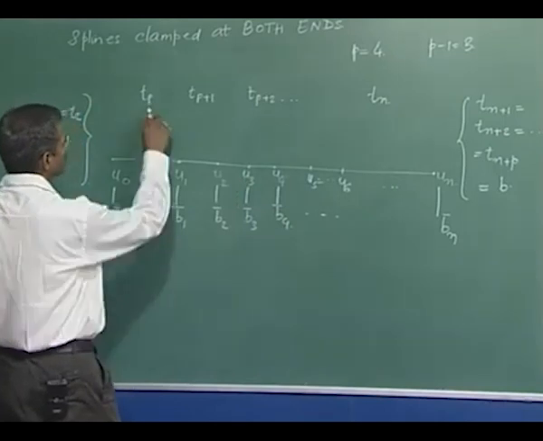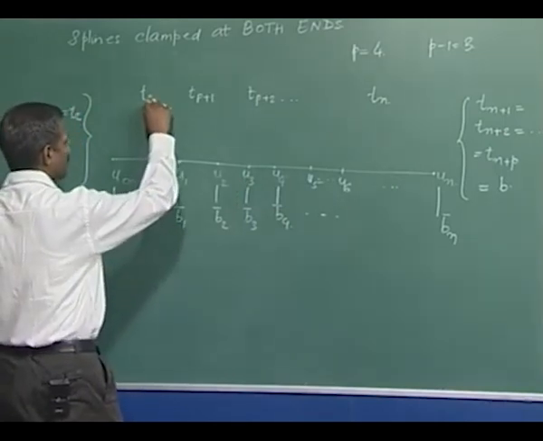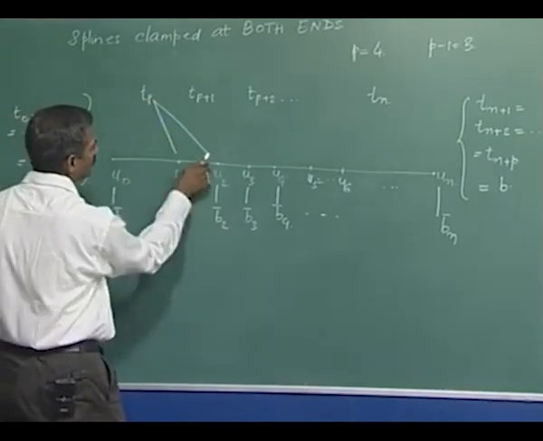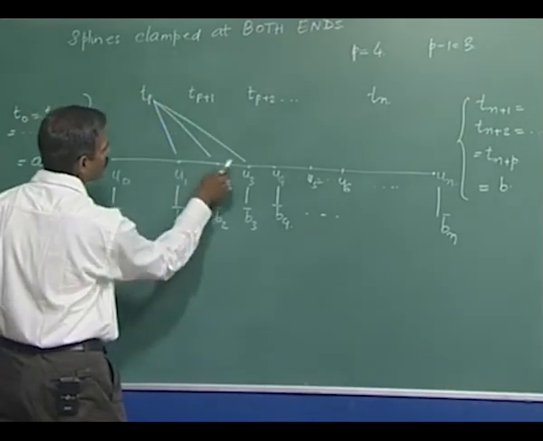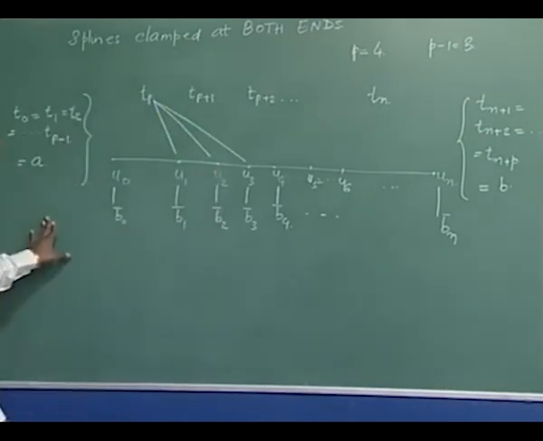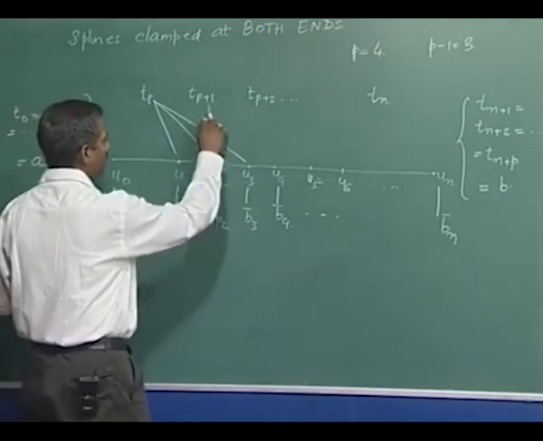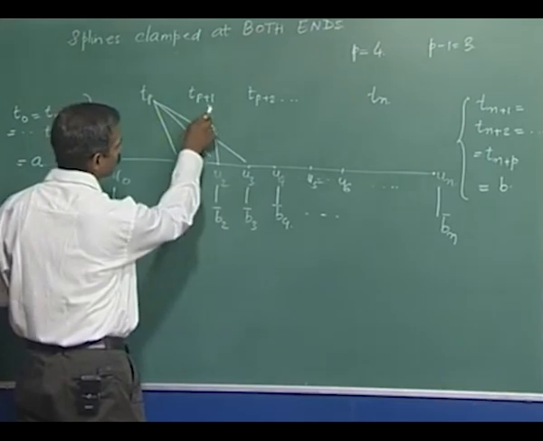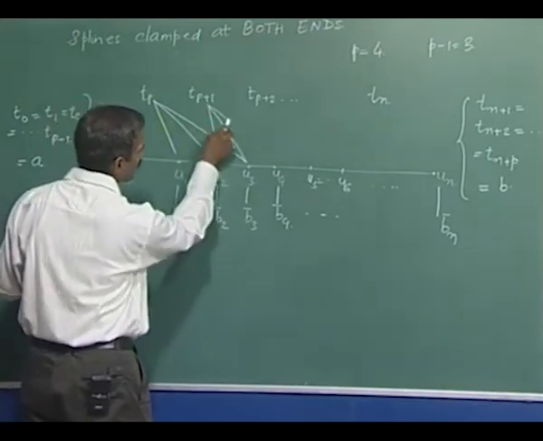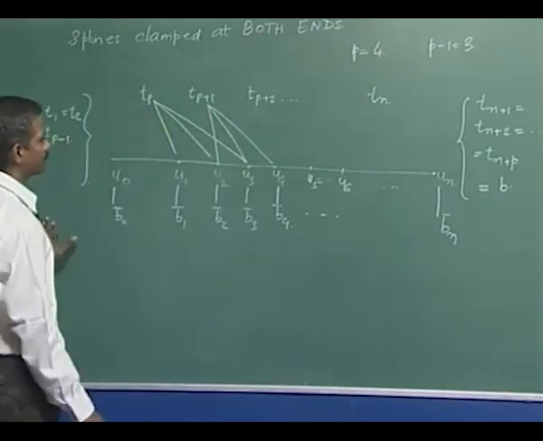So for instance, Tp would be the average of u1, u2 and u3. Tp plus 1 will be the average of u2, u3 and u4.